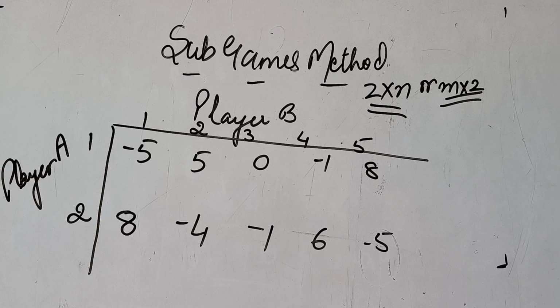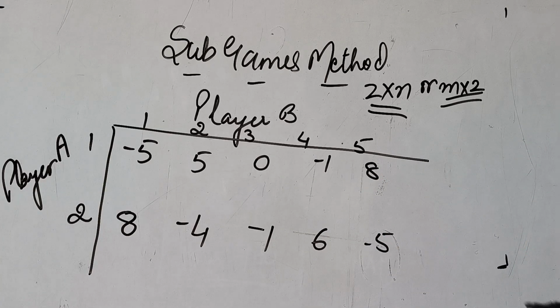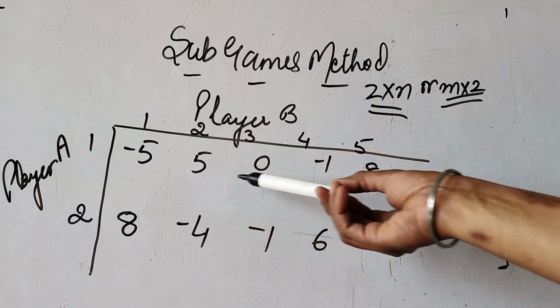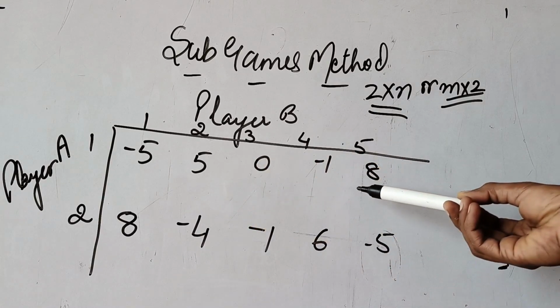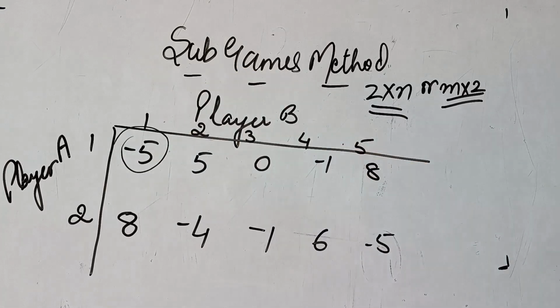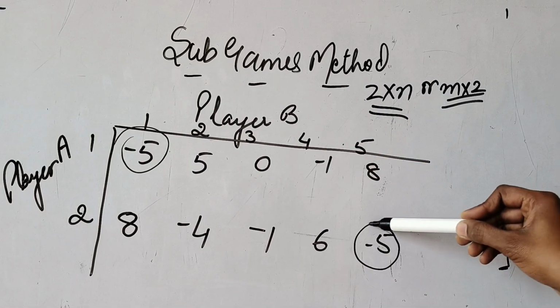Now before applying the subgame method, let us check whether the problem has a saddle point or not. That you have to check in every question. So you can apply the method of row minima, column maxima, or we can draw circles and squares. So if I look at this row, the minimum out of this row comes out to be -5. So I'm putting a circle over here. And out of this, again, -5 is the minimum.